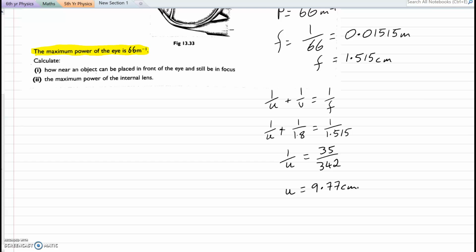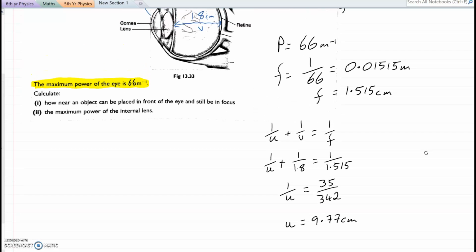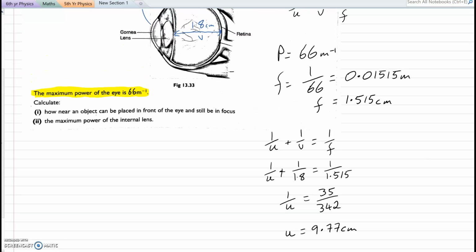Okay, so that's the closest that you can bring an object to your eye without the image getting blurred.